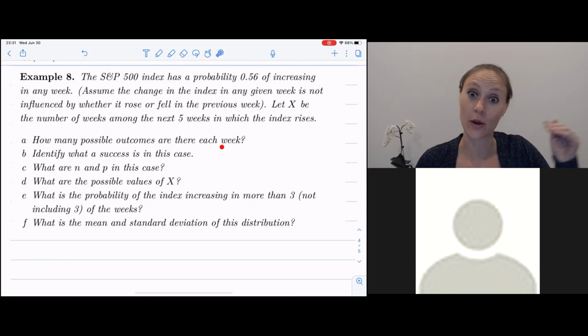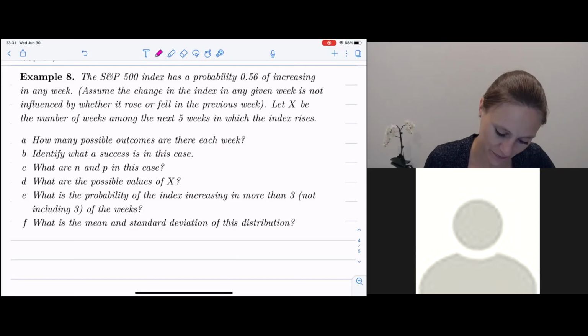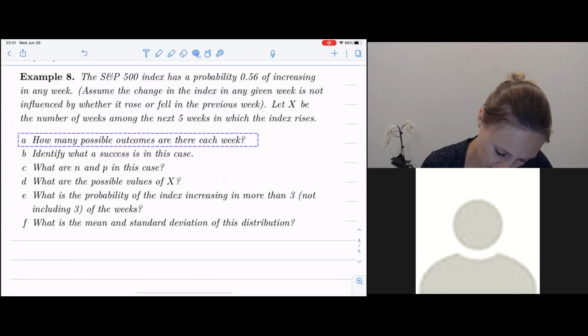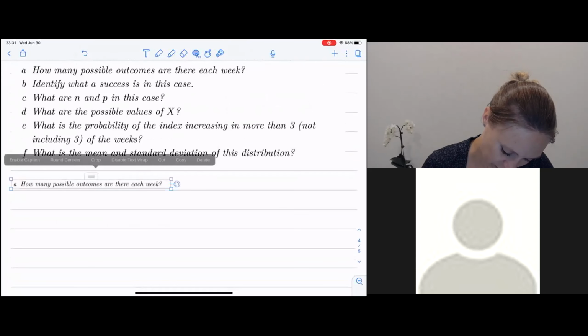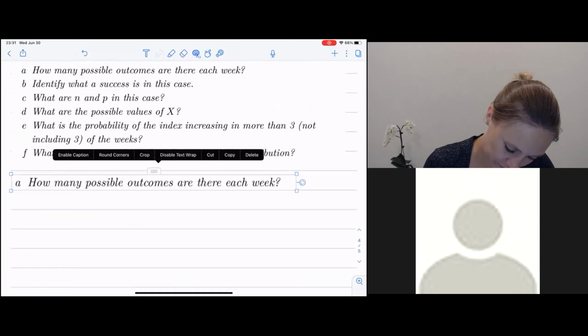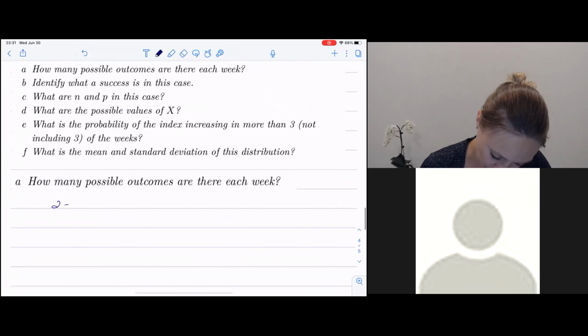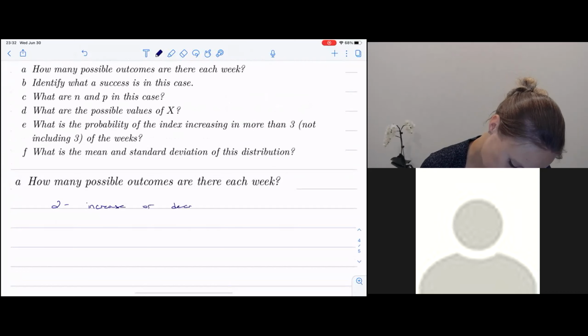Well, it can either go up or down. So 2. So let's go through these. 2. Increase or decrease.